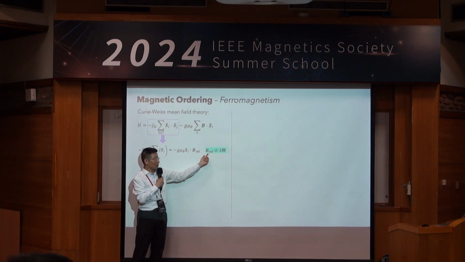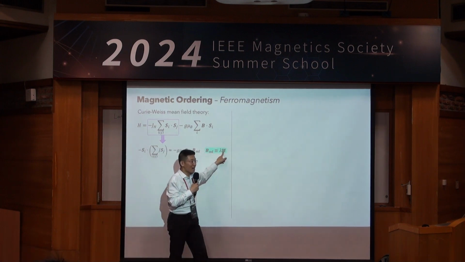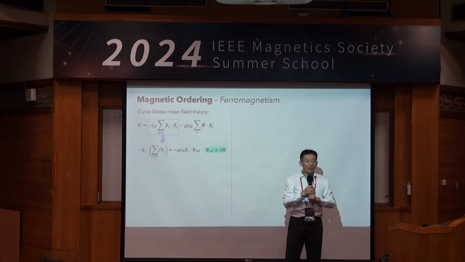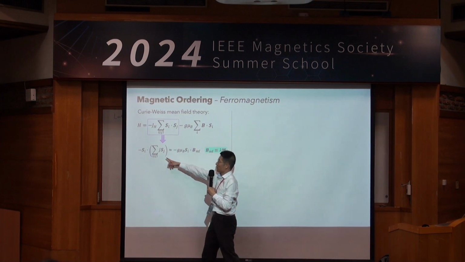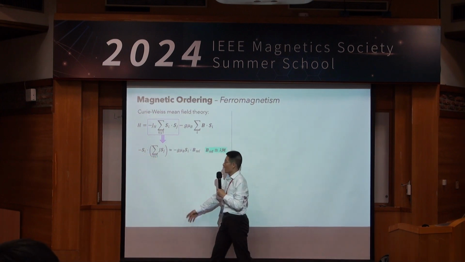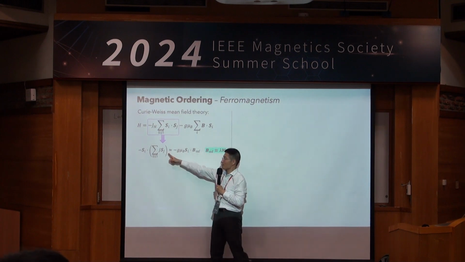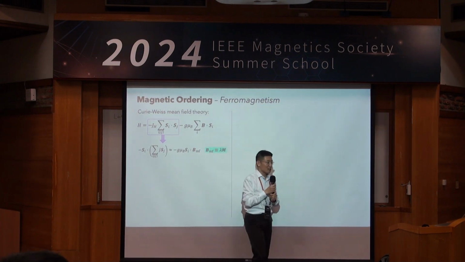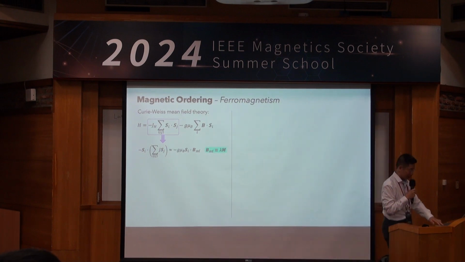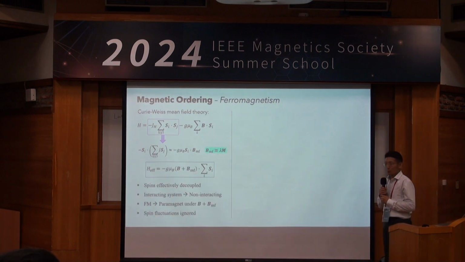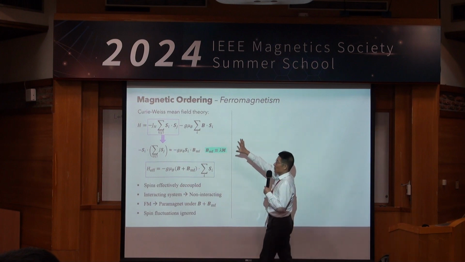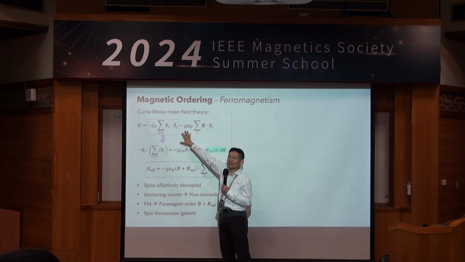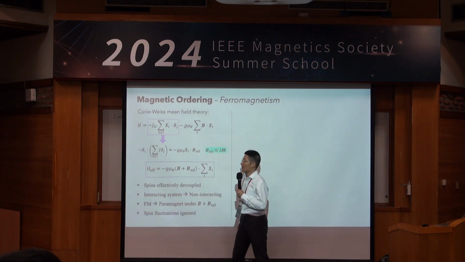The mean field is proportional to the average magnetization, in a way such that the spin Si is now interacting with the mean field rather than the spins surrounding it. So this is a simplification that mathematically decouples the spins in an otherwise strongly interacting system.